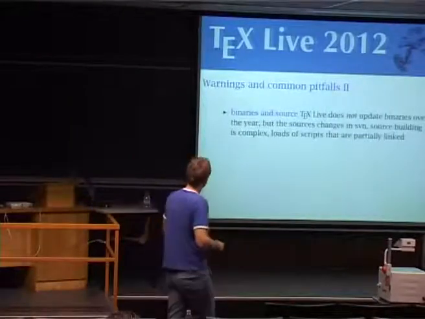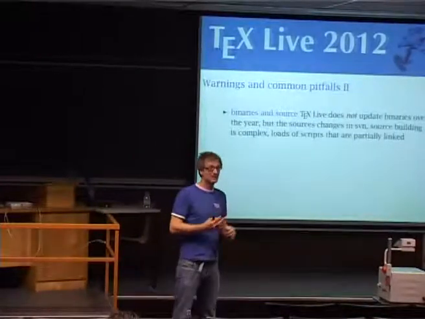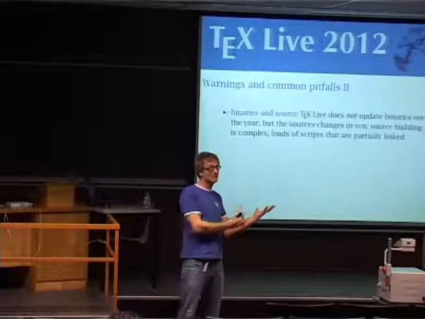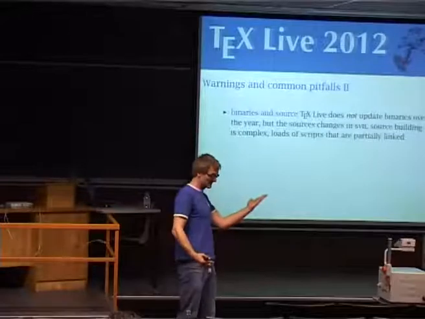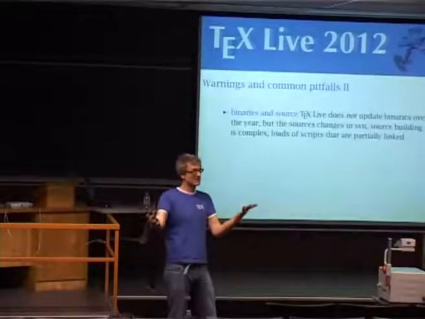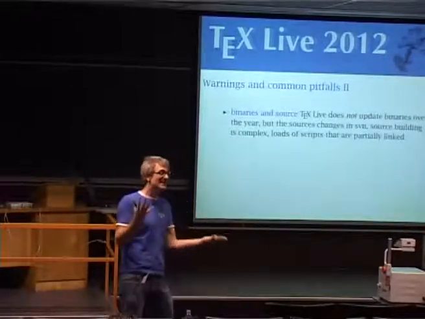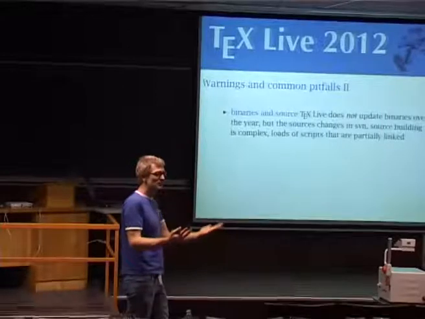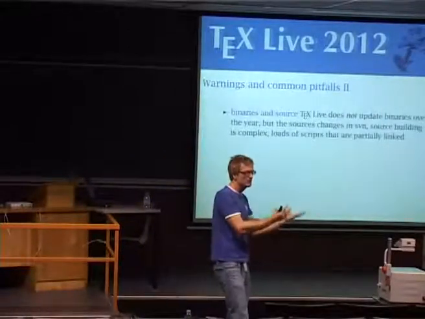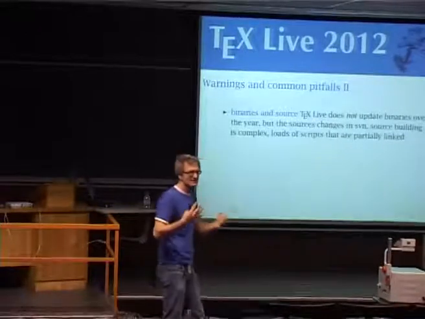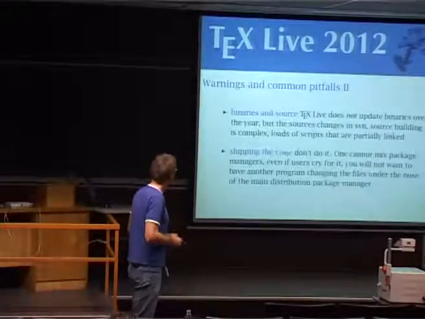Thomas is changing the packaging way permanently, and that means that it often does not relate the source repository to what actually is shipped. So you have to think about, as a redistributor, what am I basing my binaries on: the Subversion or the released version. This is something you have to take a bit of care with.